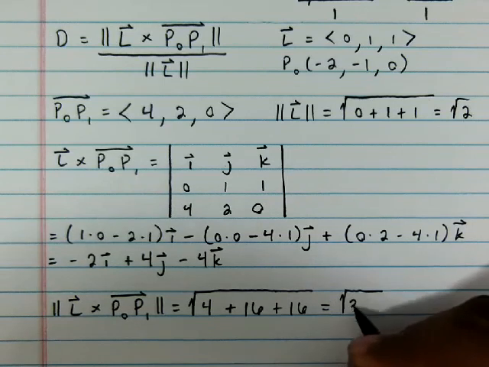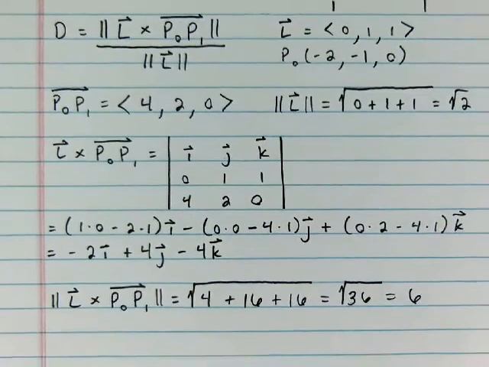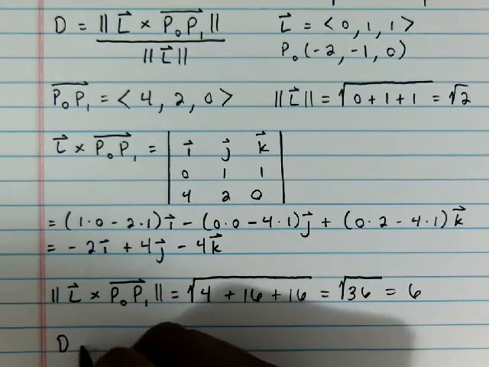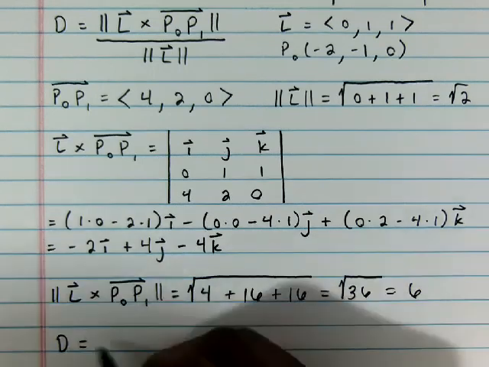So we get the square root of 36, which is 6. And now our D is 6 over the square root of 2.